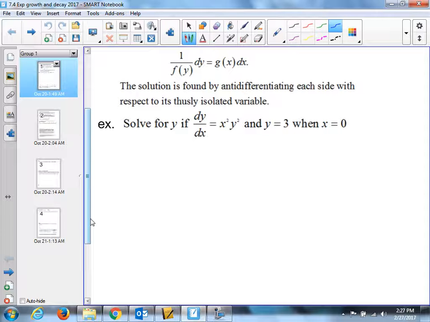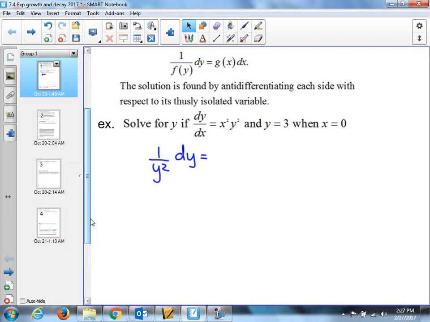So I separate. I move the y's to the left, and I keep the dy on this side, and I'm going to divide by y squared. Just to show that I'm dividing it over, I'm going to put 1 over y squared for a second. But you see where I got that from the right-hand side.